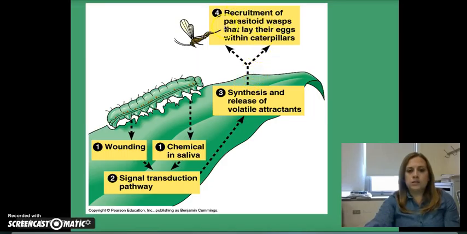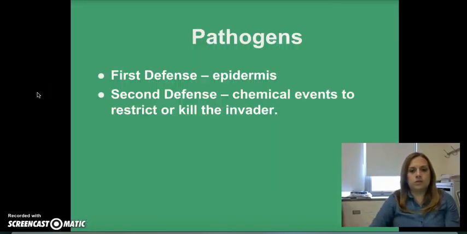Once they are released, you're recruiting parasitoid wasps that will then lay their eggs within the caterpillars. All right, so essentially this caterpillar is wounding the leaf. That's starting a signal transduction pathway, which attracts a wasp, which will then get rid of the caterpillars.